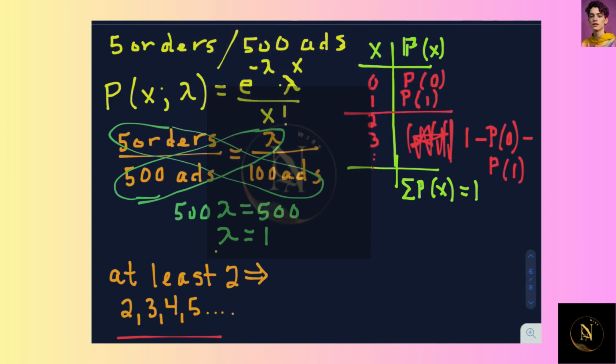Which means that we're going to have to use this formula 2 different times. So when we use the formula first time, we're going to do the probability of 0, given that there is 1 order per 100 solicitations. So then it would be e to the negative 1 power multiplied by 1 to the 0 power all over 0 factorial.